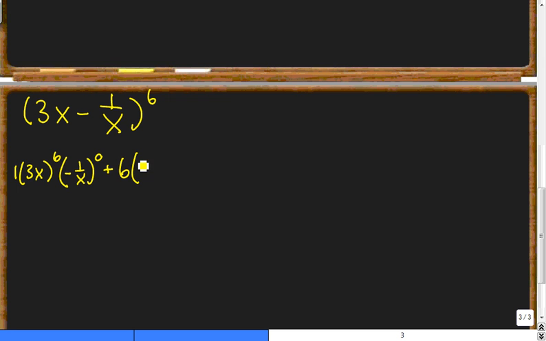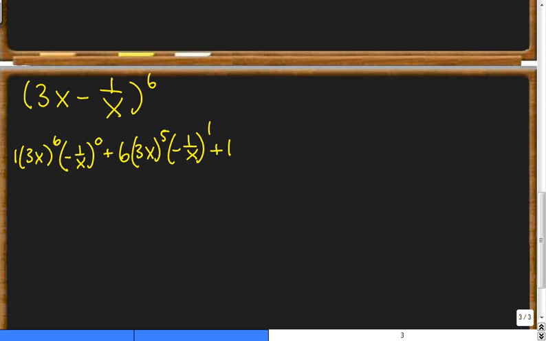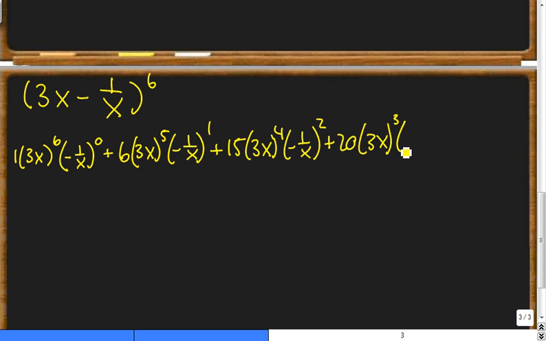So we got 6 times 3x to the 5th times negative 1 over x to the 1st, plus 15 times 3x to the fourth times negative 1 over x squared plus 20 times 3x cubed times negative 1 over x cubed.